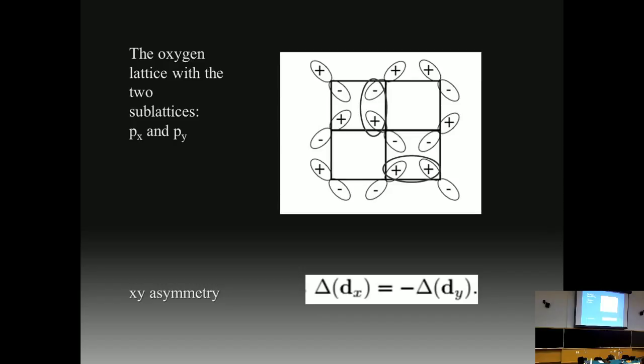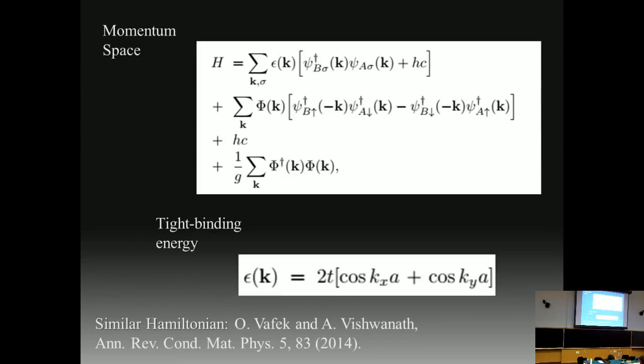The vertical are always plus minus, whereas the horizontal are always plus plus or minus minus. So this gives an anisotropy, which is going to be responsible for the d-wave character of this parameter.